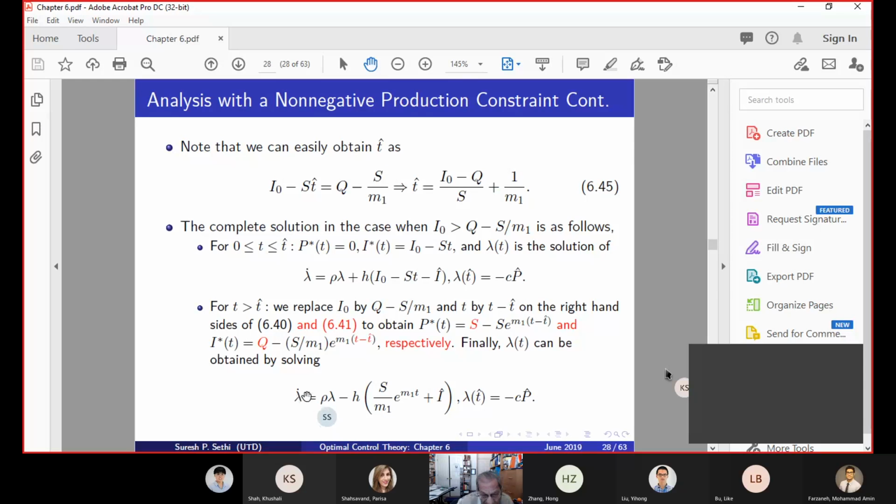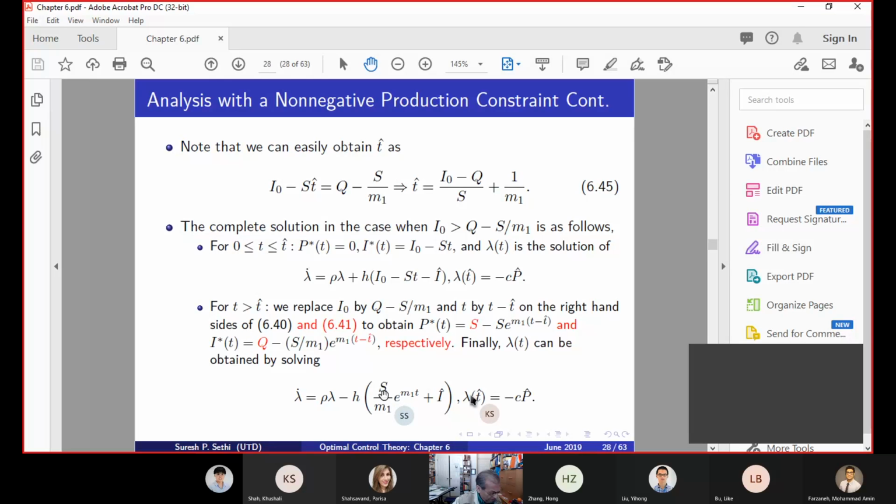So this equation will be lambda dot equal to rho lambda plus, I did in my book, so let me just go back here. So it'll be rho lambda, this will be plus h, okay, plus h.